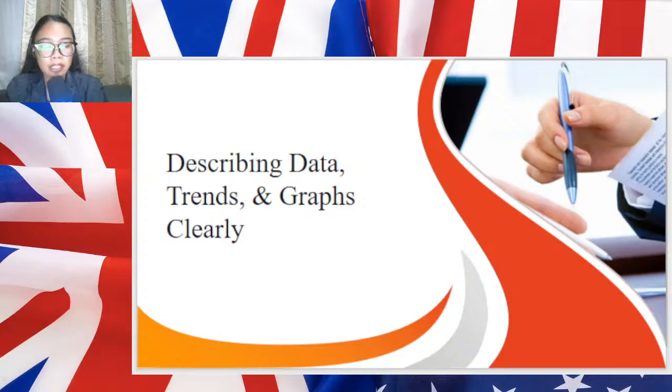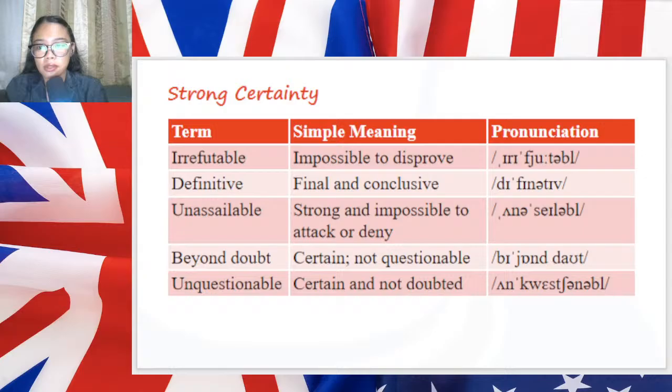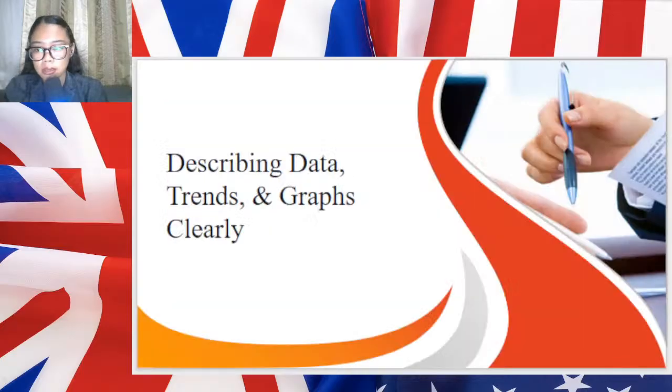With some set of terms. So we will have the first set of terms, which is under strong certainty. So here we are focusing on strong certainty. All right. For a moment.